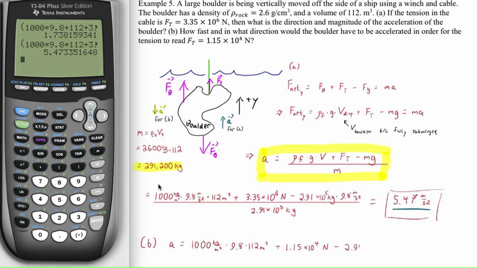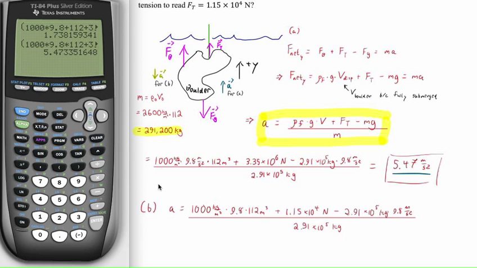Then we get our same mass, and finally divided by 2.91 times 10 to the 5 kilograms. So with those values, let's change it in the calculator. We just have to make one small change. The difference is just this one in the middle. Instead of 3.35, it will be 1.15, and instead of 10 to the 6th, it's going to be 10 to the 4th. And still upwards.